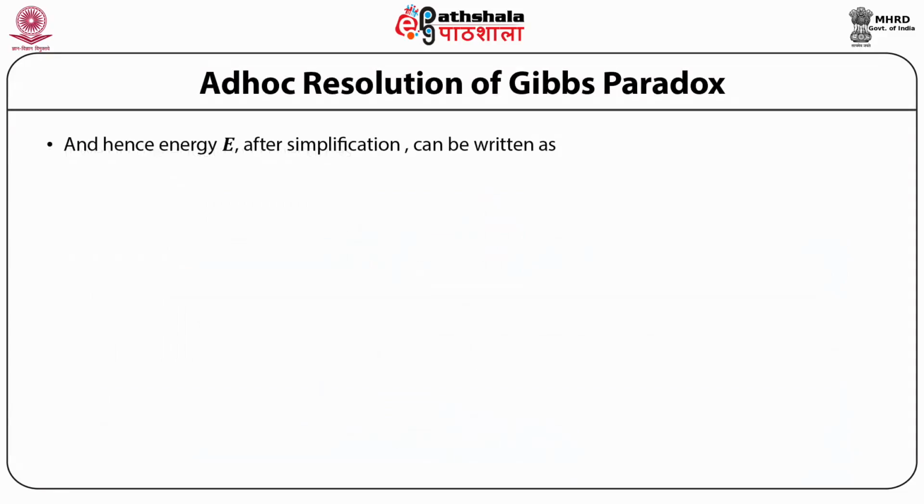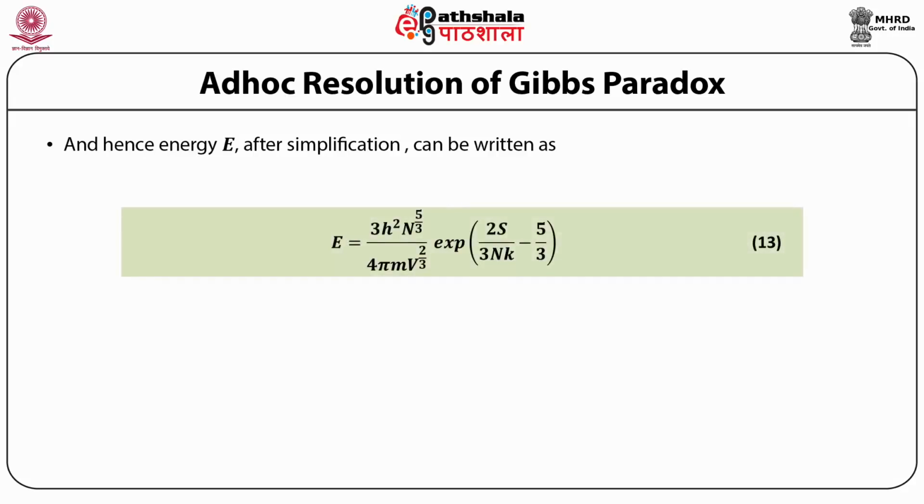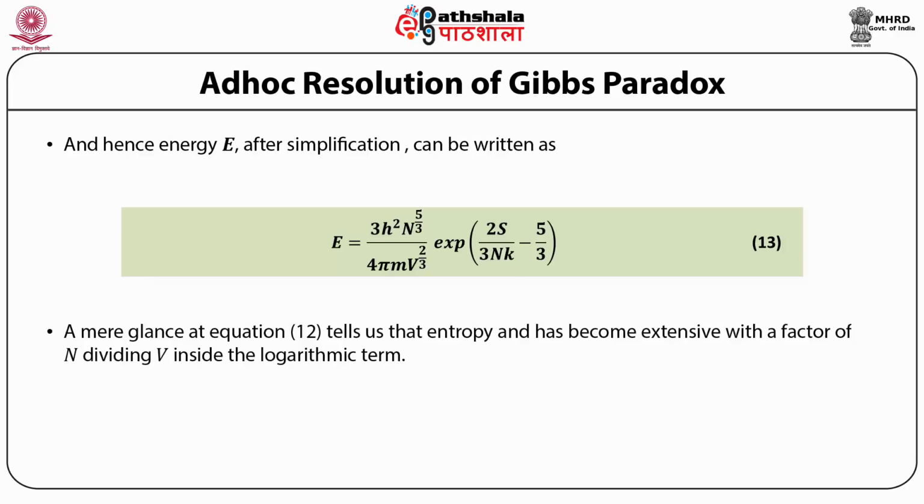And hence energy E, after simplification, can be written as E is equal to 3 h squared N raised to power 5 by 3 divided by 4 pi m V raised to power 2 by 3, times exponential of 2S upon 3NK minus 5 upon 3. A mere glance at equation 12 tells us that entropy has become extensive, with a factor of N dividing V inside the logarithmic term.